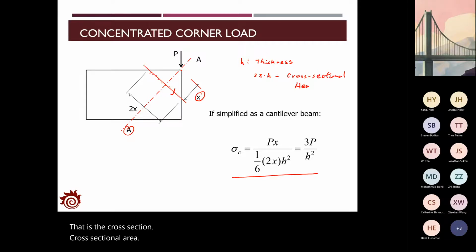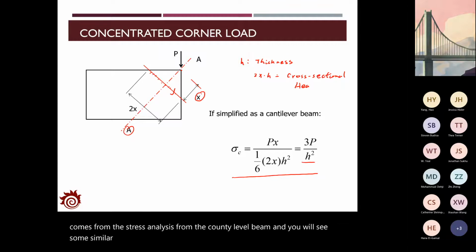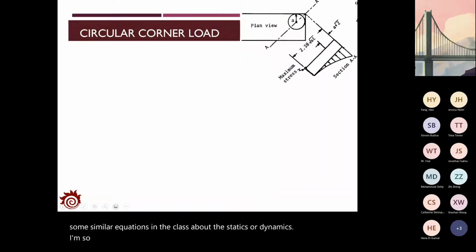This equation actually comes from the stress analysis of the cantilever beam, and you will see some similar equations in the class about statics or dynamics. So that's the first one, about the concentrated load.